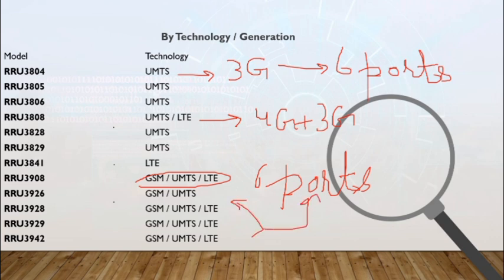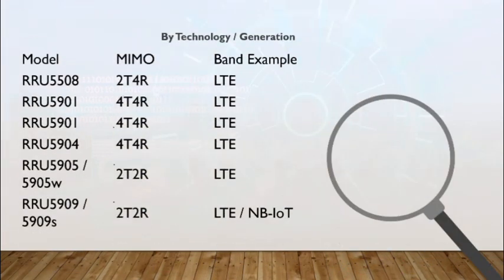Like I already discussed before, antenna 0, antenna 1, antenna 2 and antenna 3. One is transmit, the next is receive, and the next one is transmit, the other one is receive. In this way the RRU gives its connection to the antenna to connect its transmit and receive cables.